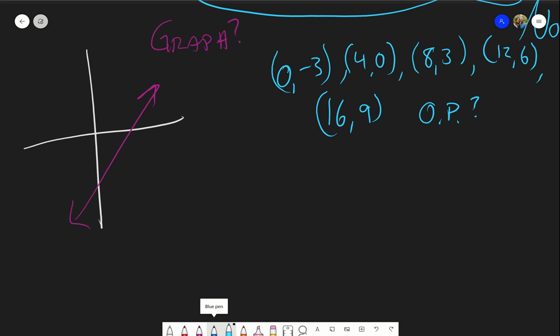Are these ordered pairs linear? And then finally, is this equation linear?